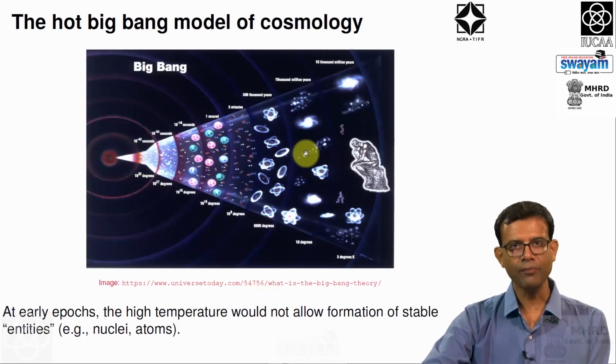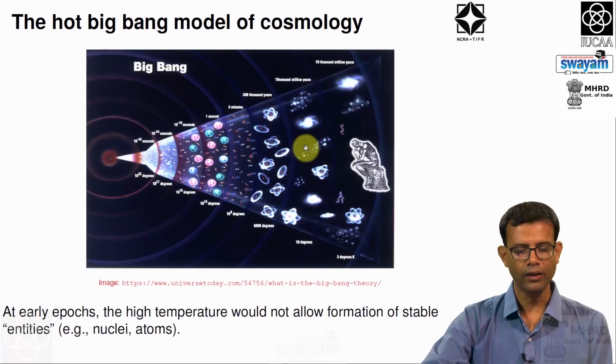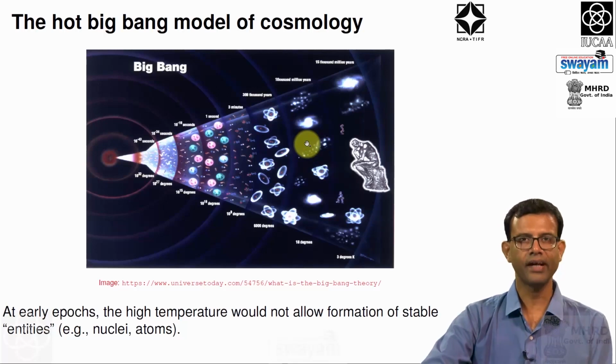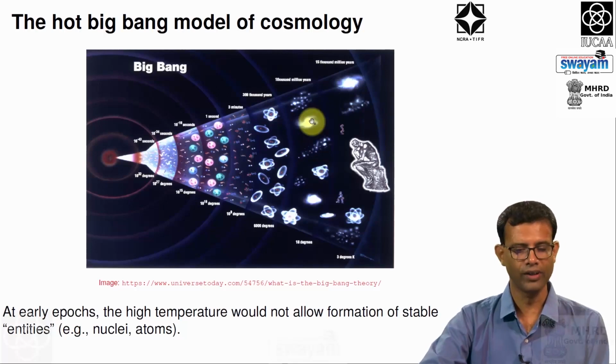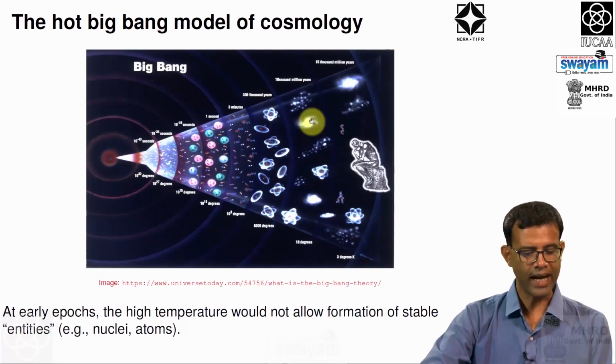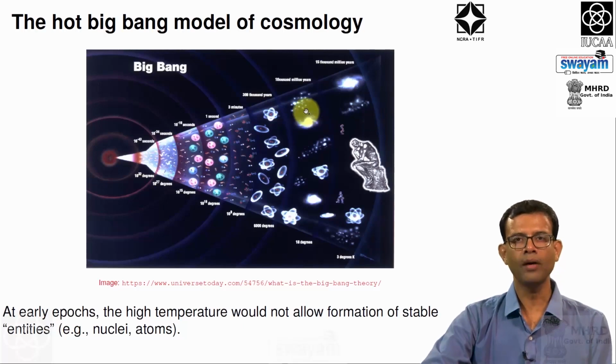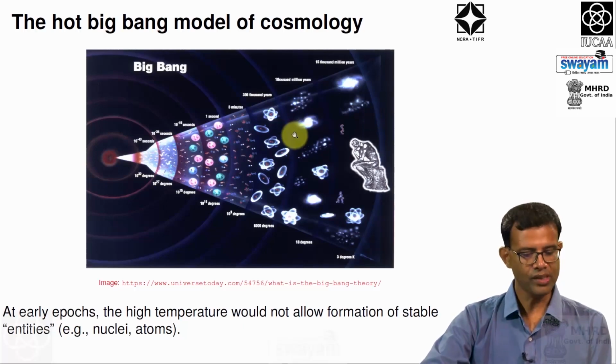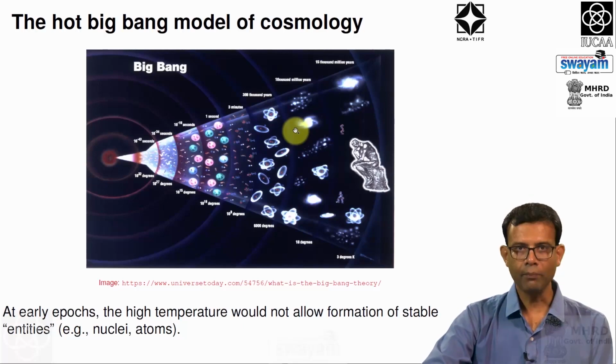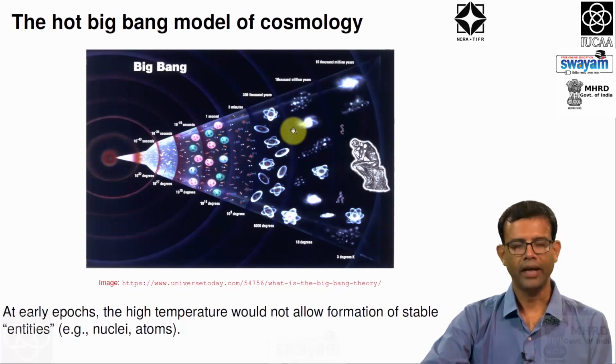Now, a very basic principle which we will try to use while describing this hot Big Bang model of cosmology, or the early universe part of it, is that when the temperatures are high, it becomes more and more difficult to form stable entities. For example, take nuclei, take a helium nucleus or any other nuclei you can think of.